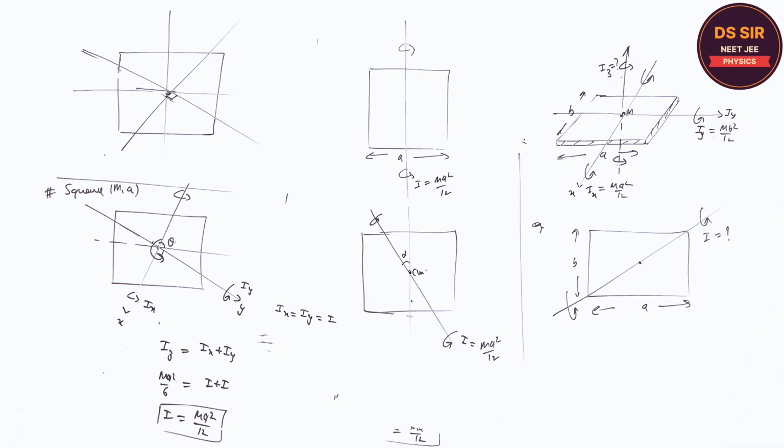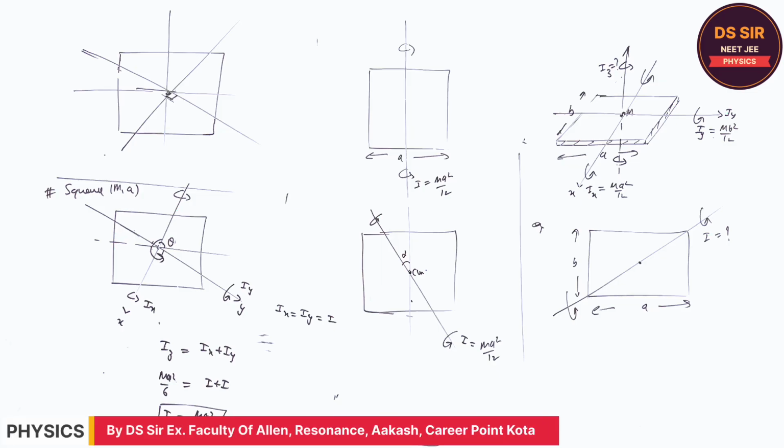Copy this. Can you tell me what the moment of inertia about the diagonal is? That is M a square by 24 plus b square.